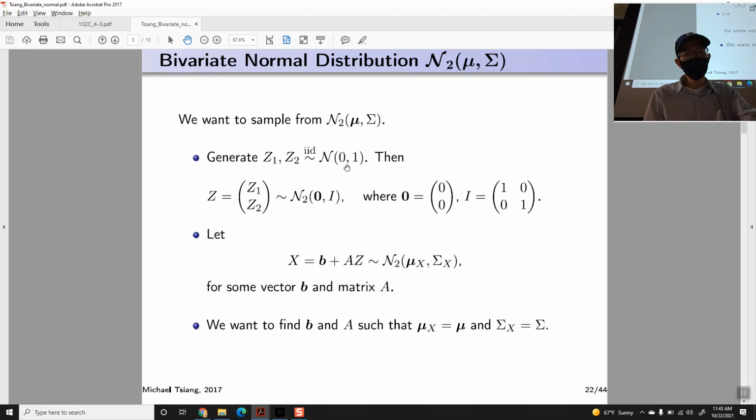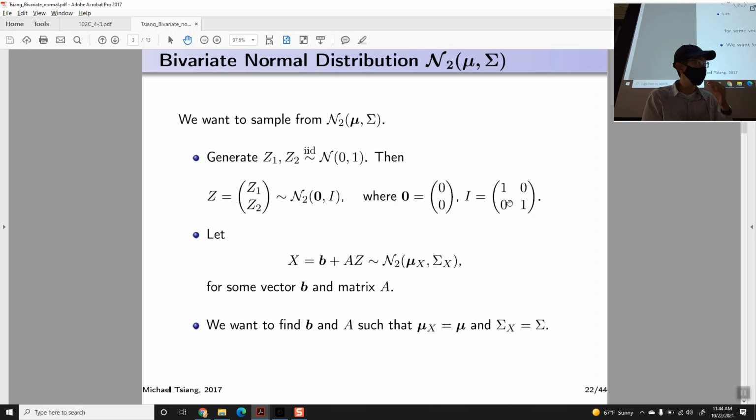If I generate them independently but combine them, and say z is a vector of length 2, this is basically a bivariate normal distribution, where the mean is just the vector of zeros and the sigma matrix is just the identity matrix. And this is equivalent to just taking two independent normal values and combining them.